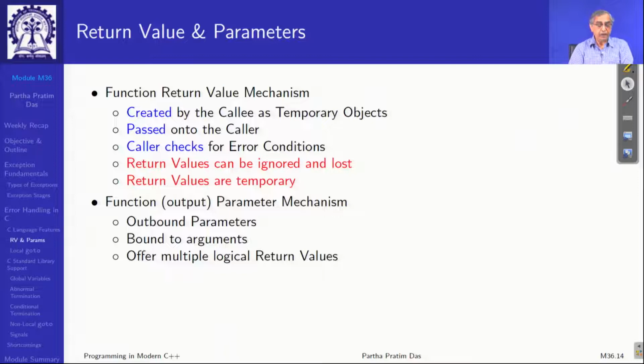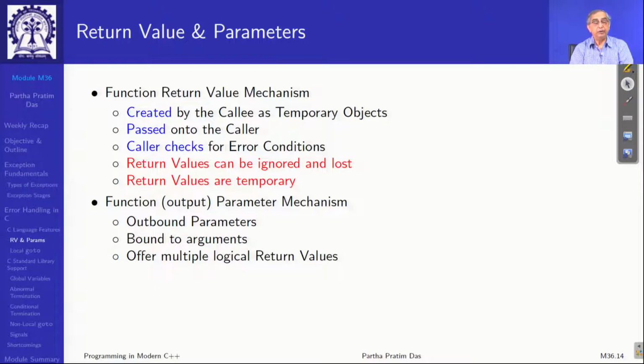The first one, return value mechanism, is very simple. The caller checks for error condition and when you have an error situation, you return the error object as we just saw. The return value can be ignored and lost, that is a problem, and return values are temporary.